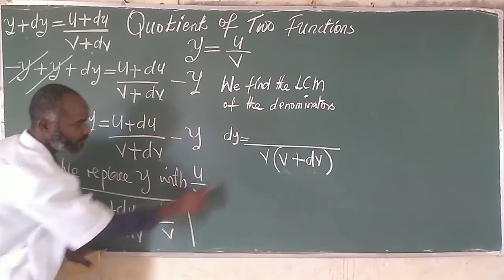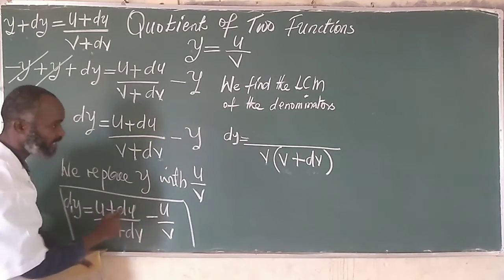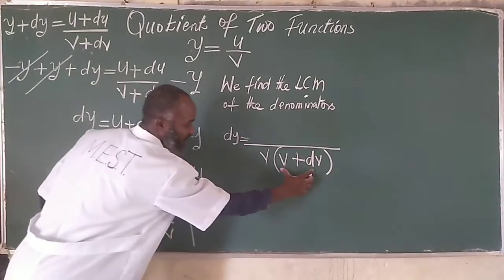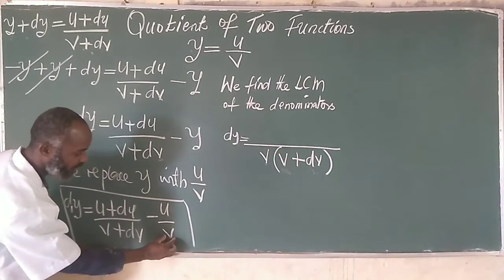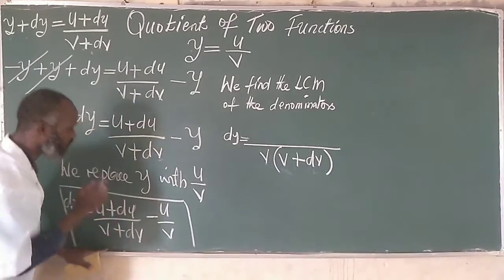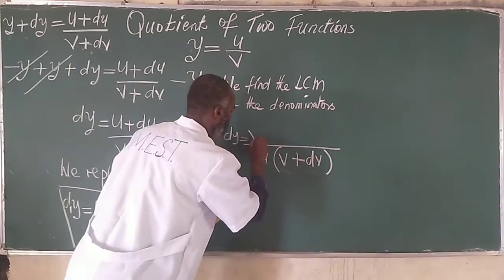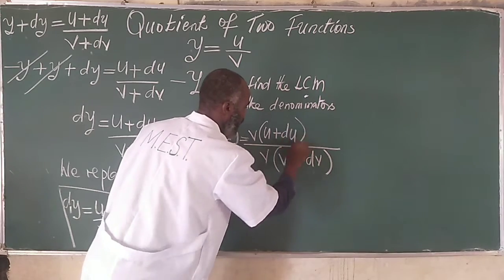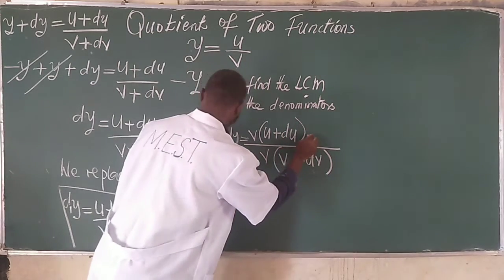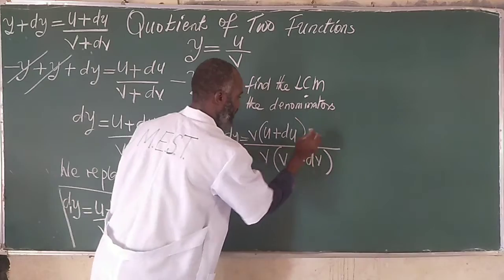Now v will multiply everything here. Take it again. This factor, the LCM, is going to cancel out this, and we are left with v, and then v will multiply everything there. And we now have v bracket u plus du bracket close. Remember we put our minus sign.